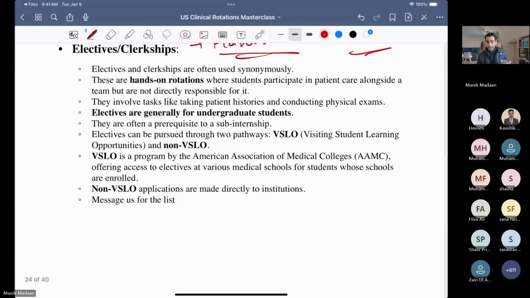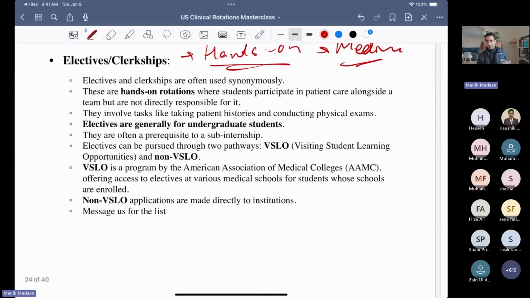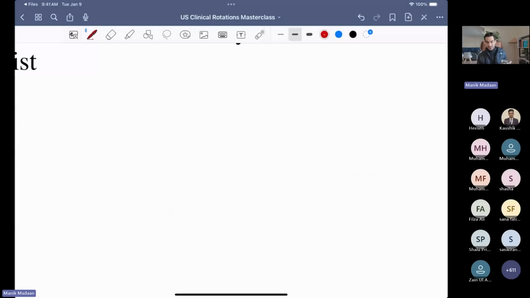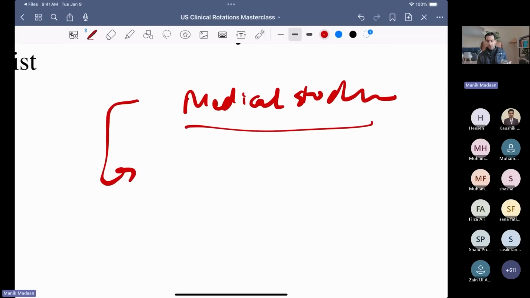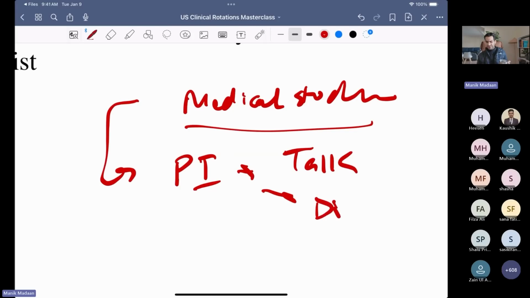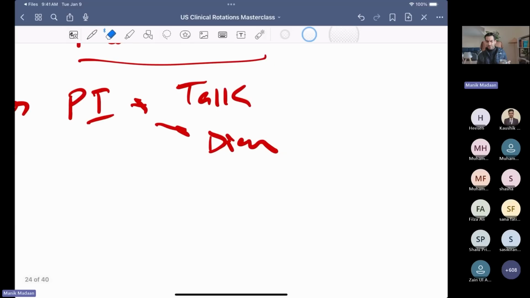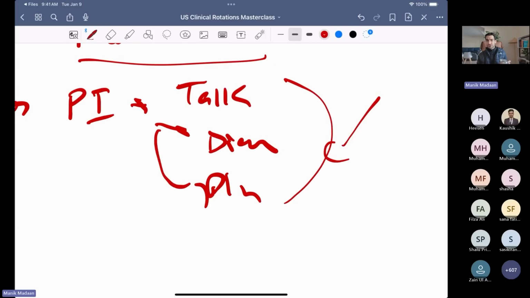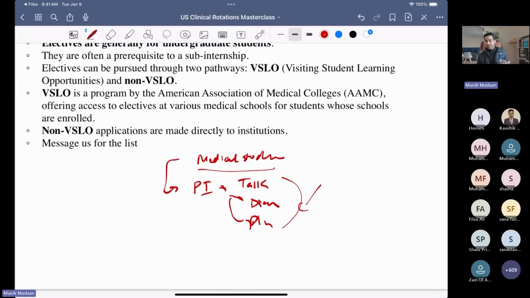In electives or clerkships, you as a medical student are part of the treatment team, which means you're allowed to take part in patient interaction. You can talk to the patient, you can formulate your diagnosis and differentials, and you can make your plan, which gives me a lot to talk about. This is why it's powerful, because that leads to a better LOR, right?